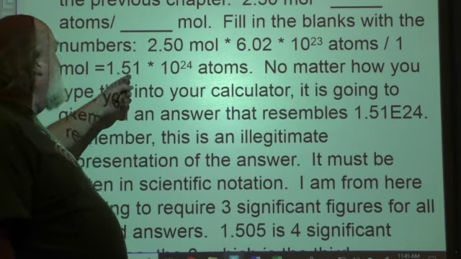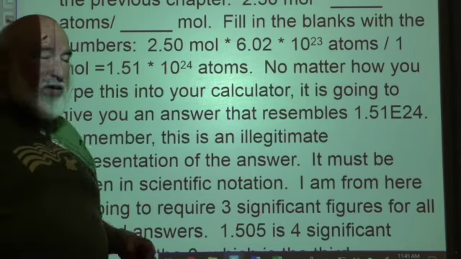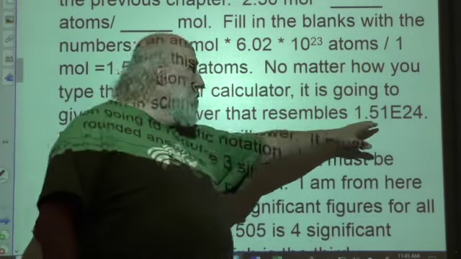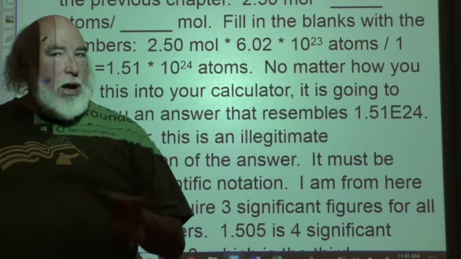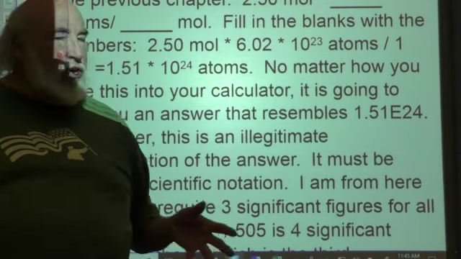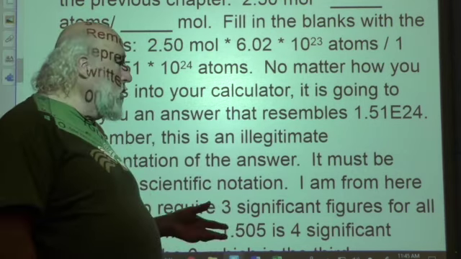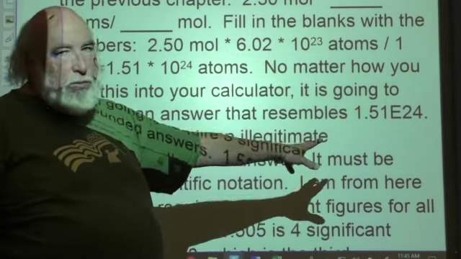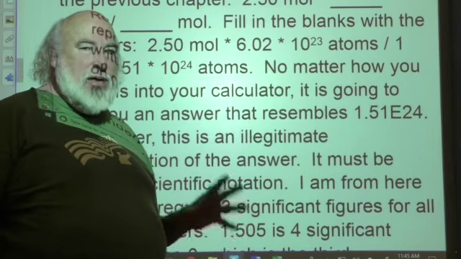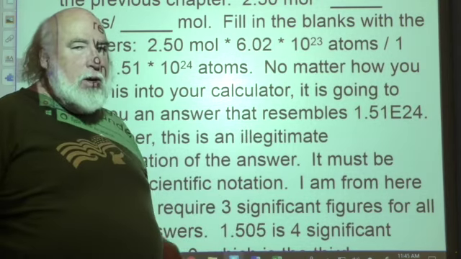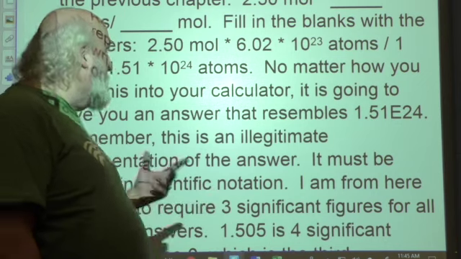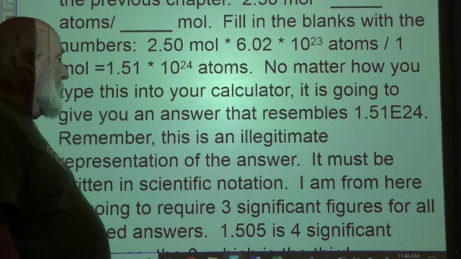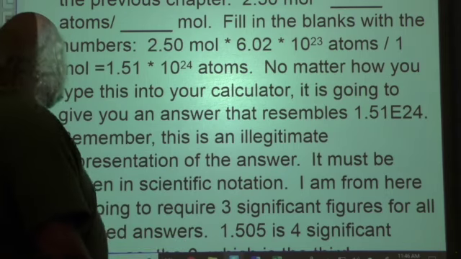We round that off to 1.51 because, again, we want 3 significant figures in everything we do. Now, your calculator is going to give you 1.51 E24. We talked about this in the scientific notation section, and remember that the EE key or the E symbol here is not a legitimate mathematical representation of a number. It is a simplified form that needs to be redone into scientific notation form. So please be sure that you have that figured out.